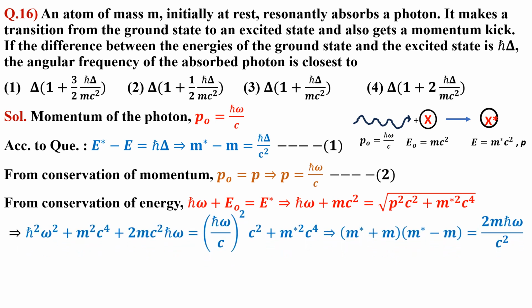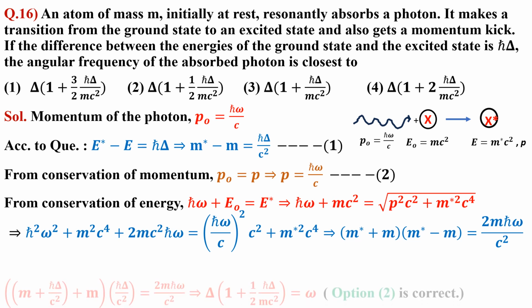Further implies that ħ²ω² plus m² c⁴ plus 2mc² ħω equals (ħω/c)² c² plus m*² c⁴, so (m* plus m)(m* minus m) equals 2m ħω upon c².